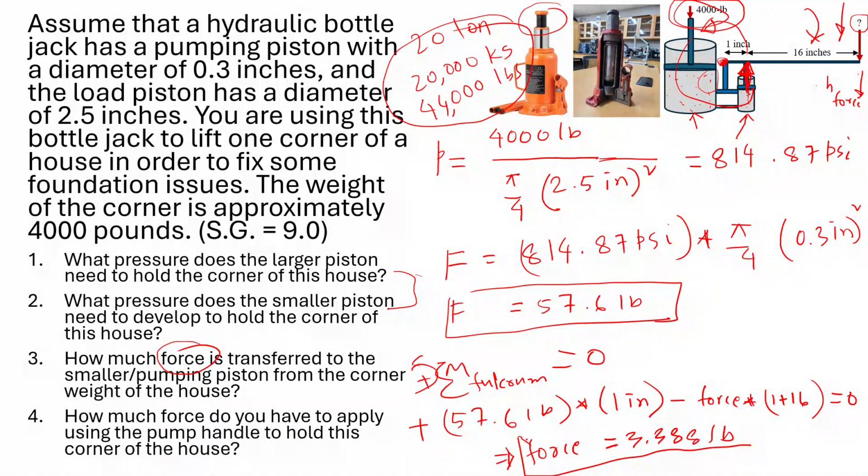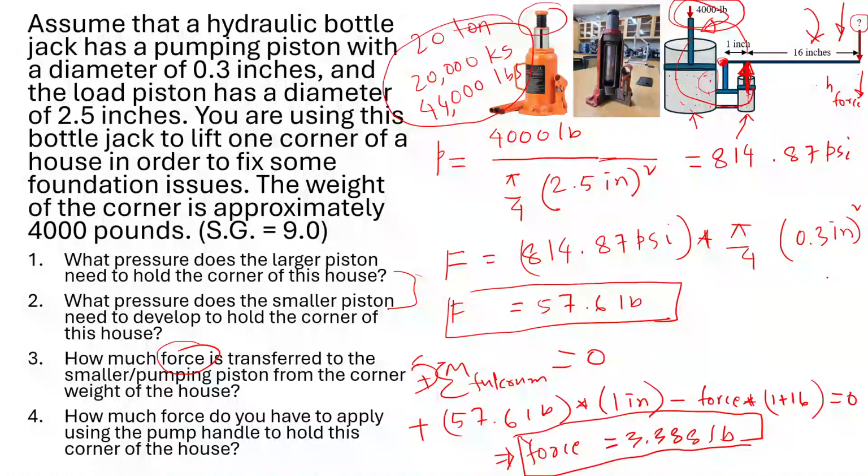So to lift 4,000 pounds, can you see how small a force you have to apply using your hands? I performed the calculation using the highest capacity, 20 tons, of the load lifting scenario.